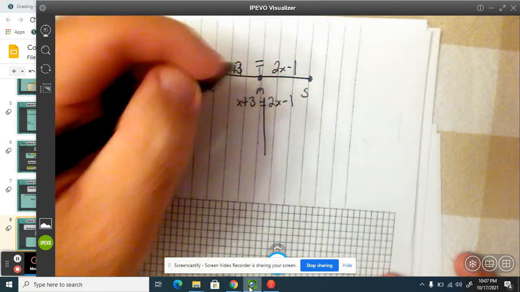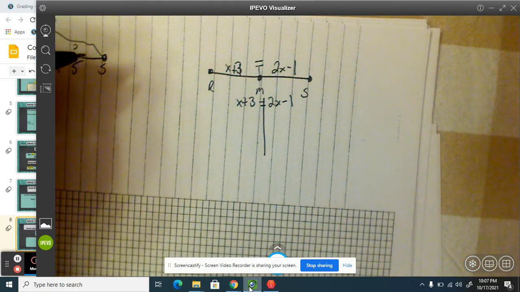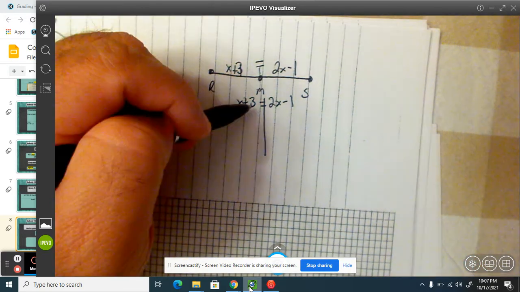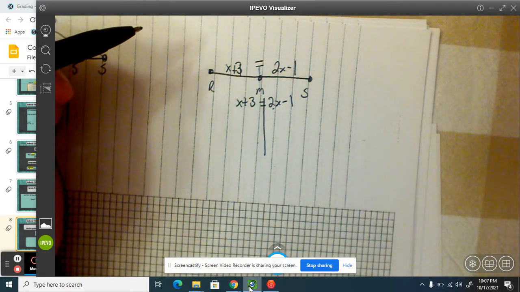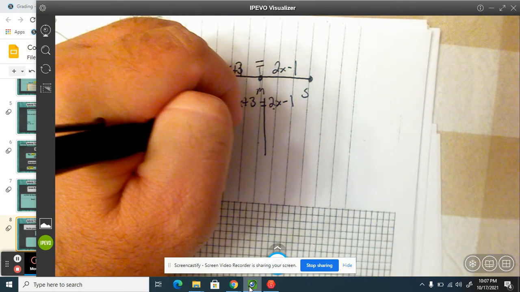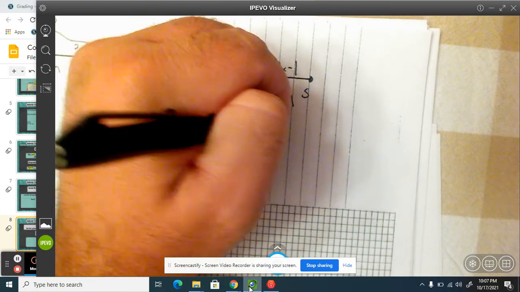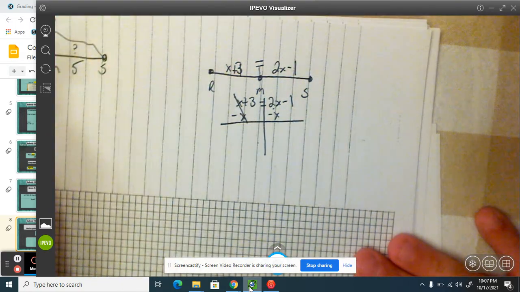So again, we have variables on both sides of the equal sign. So I'm going to move the smallest one. So x is smaller than 2x. Now, you don't have to do that every single time. However, that's the way I like to do it and keep things in my own mind the same. So I'm going to do the opposite. I'm going to subtract x because x minus x gets rid of that one.